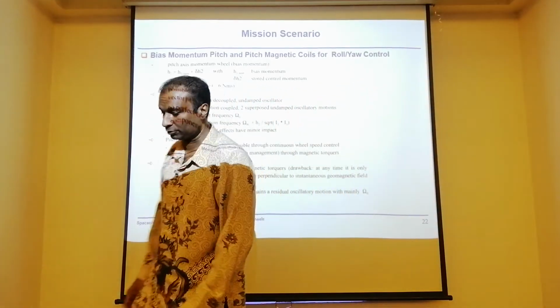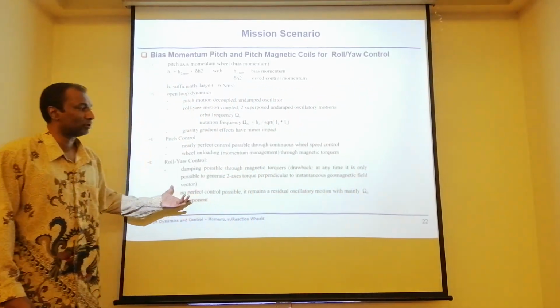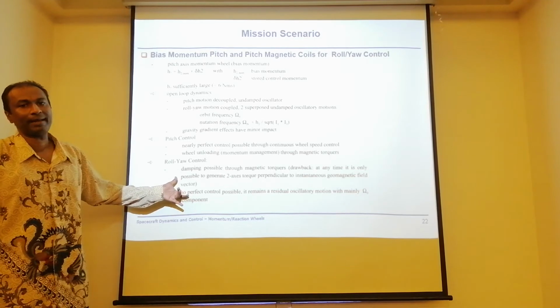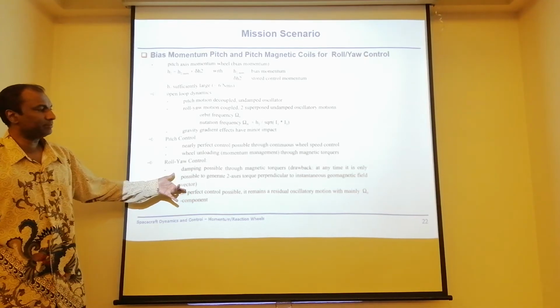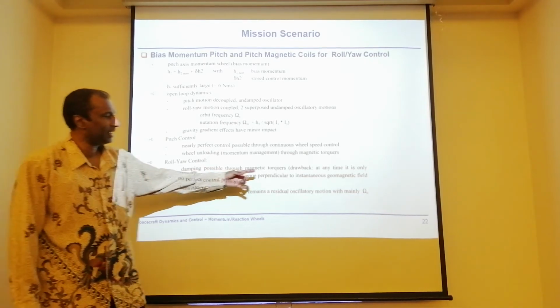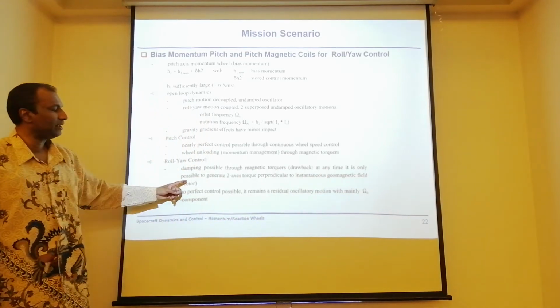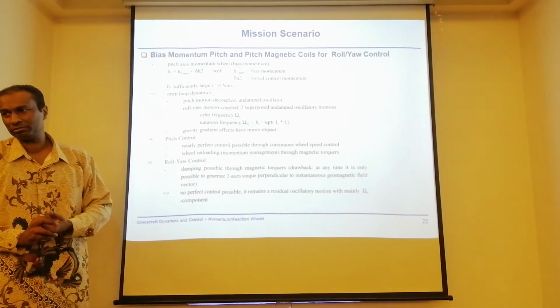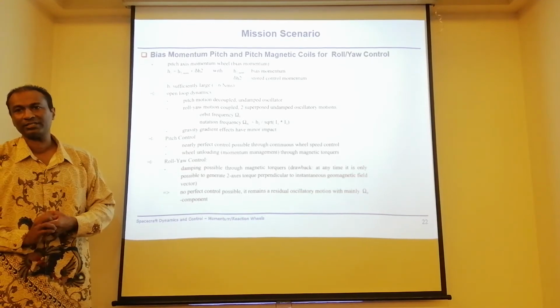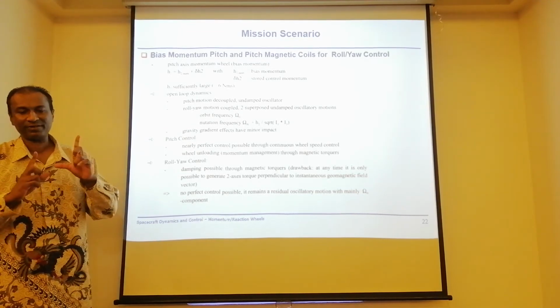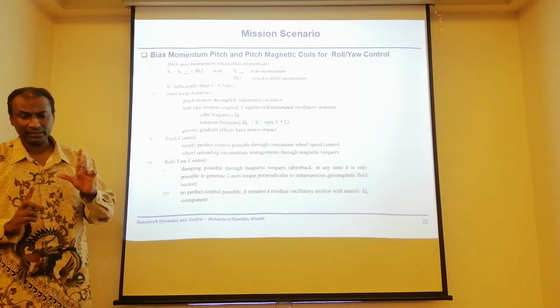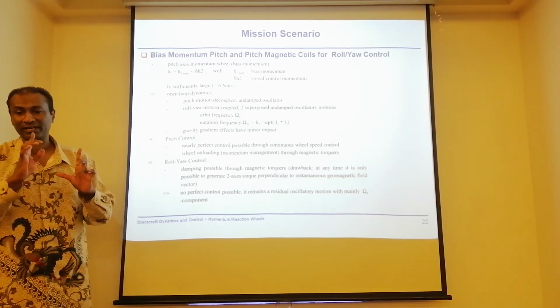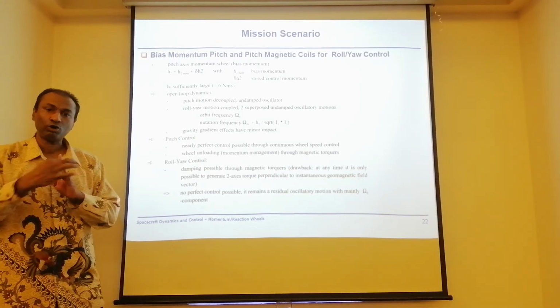Our magnetic torques, we have also proven that our magnetic torques can dampen that. The only problem that we have is that at any time it is only possible to generate 2 axis torque, because you can never get the planet Earth's magnetic field perpendicular to all the 3 axes.